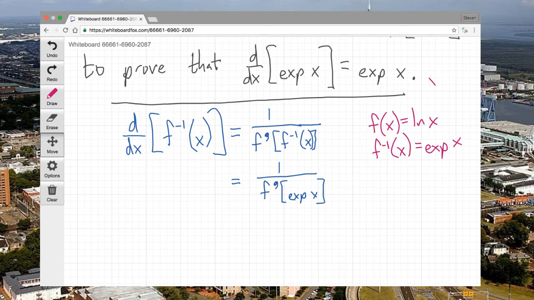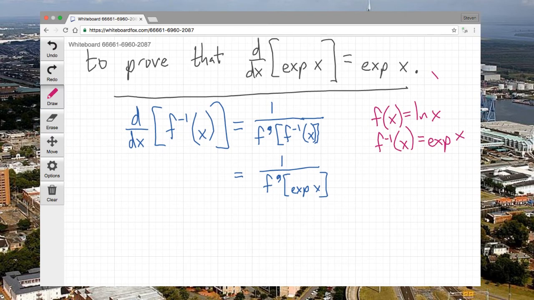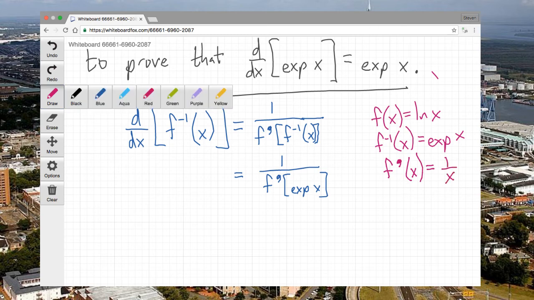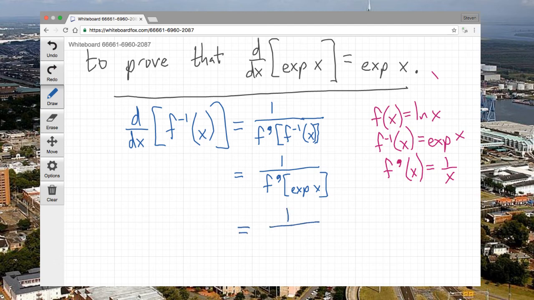And, all right, well then finally, what's the last thing I need to know? Well, what's f prime of x? We're taking the derivative of natural logs. That's just going to be 1 over x. So putting that back over here, I've got 1 over, f prime is 1 over exp of x.